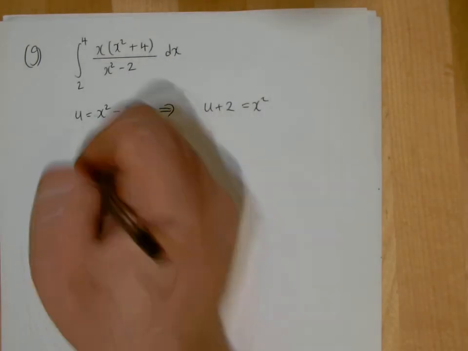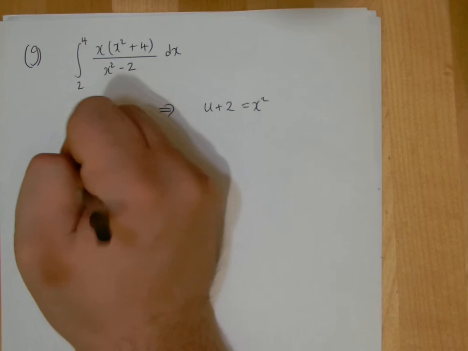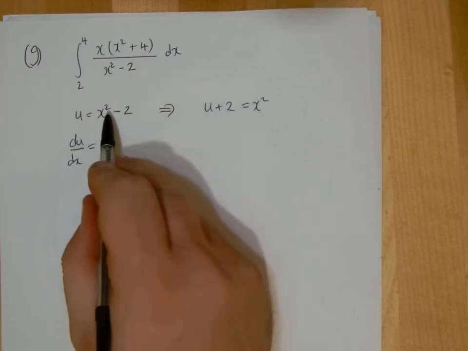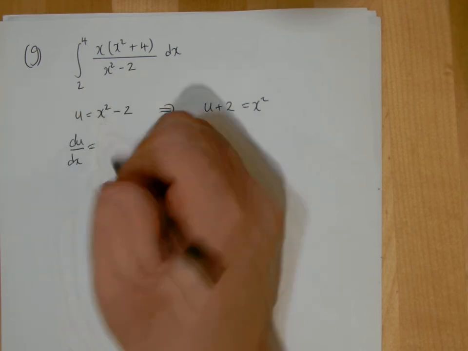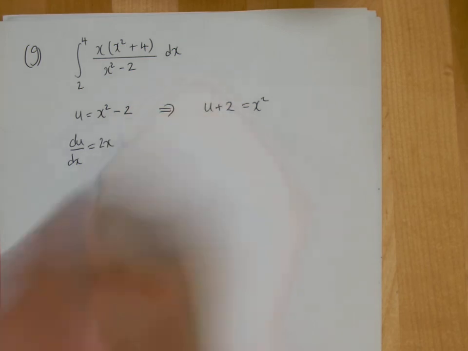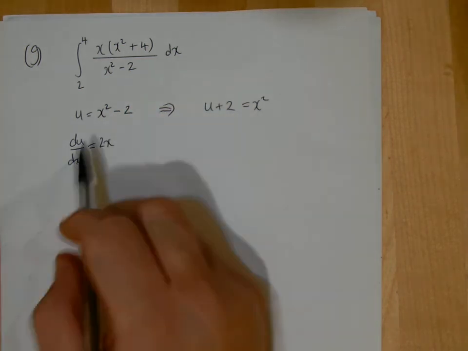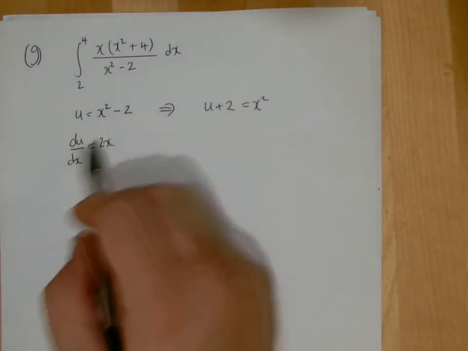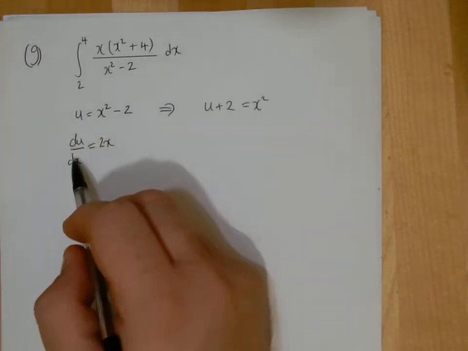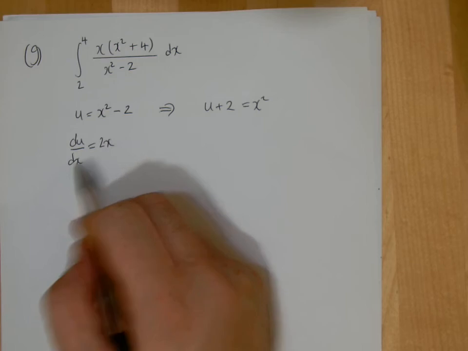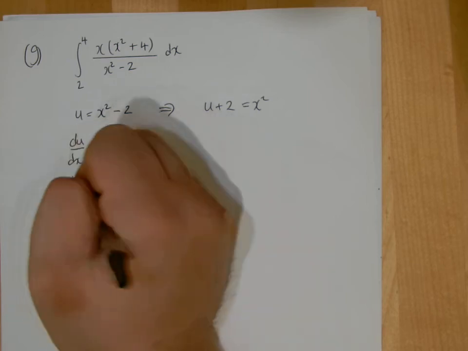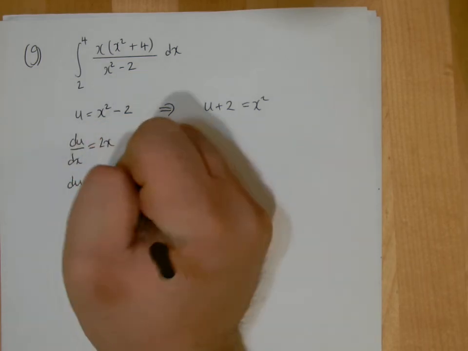If I do du by dx, when you differentiate x squared, of course, we bring the power down, it becomes 2x. And the minus 2 disappears. Then I can rewrite this, taking the dx up, so du will be 2x dx.